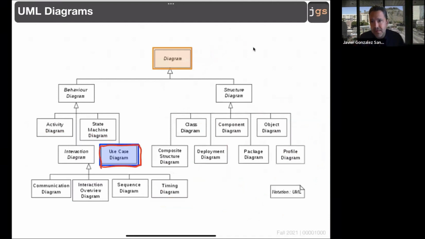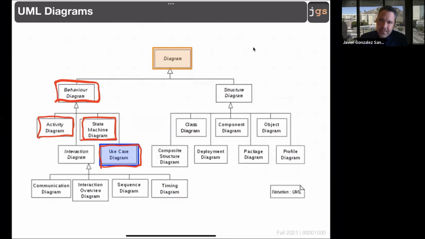These are all the diagrams in UML. For you to know all of them, basically we cover that guy, and we're going to cover this guy, and we're going to cover this guy. And as you notice, they are siblings, same line, and all of them behave. That is what we're going to do with UML.